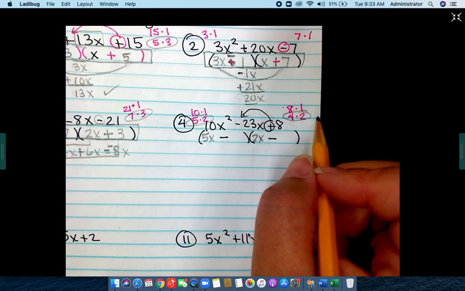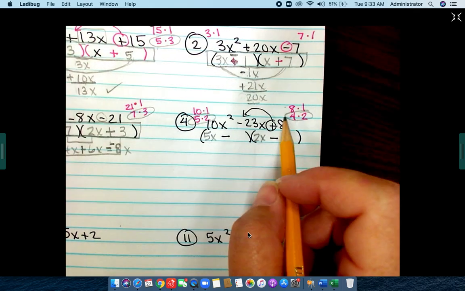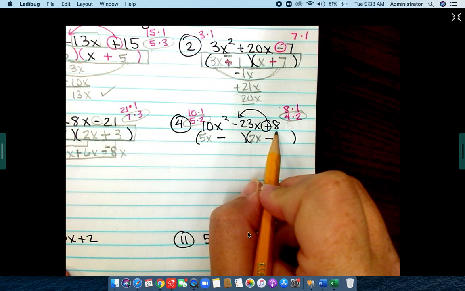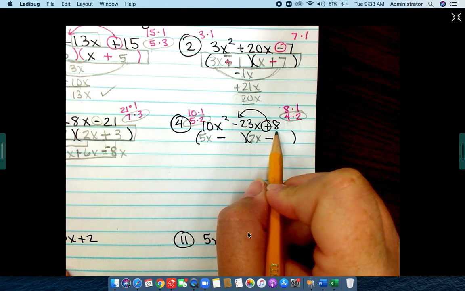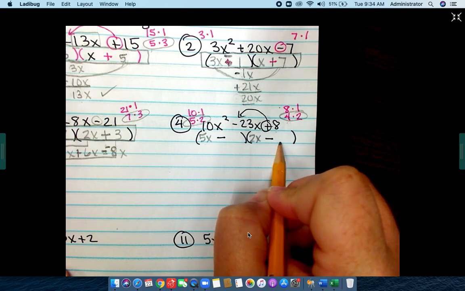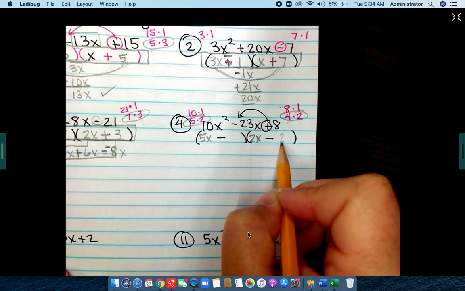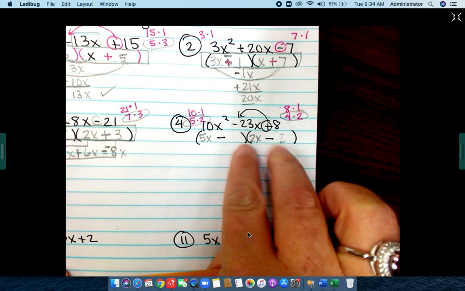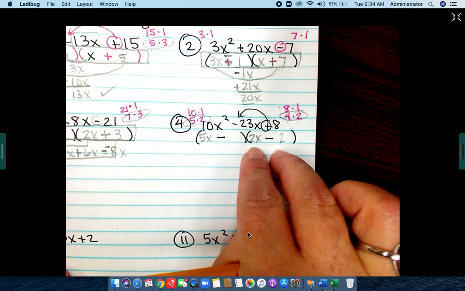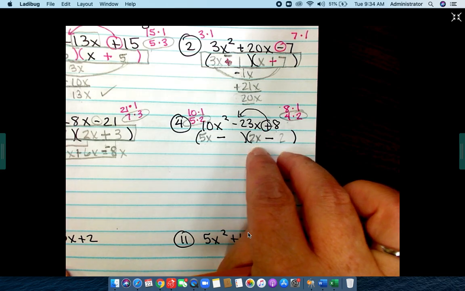2 and 4. Interesting. Let me tell you why I find it interesting. I already told you that we do not have a greatest common factor. So if I take my 2 and plug it in here, I'm going to have a GCF of 2. That's a no-no. I do not want to put a factor into a set of parentheses where it would create a GCF.